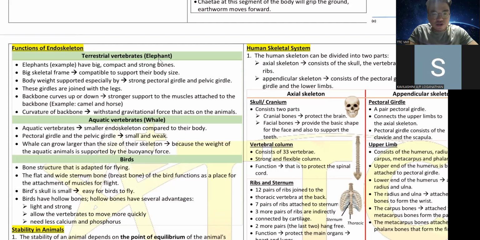This is our revision for Form 5. Okay, let me send it here real quick.